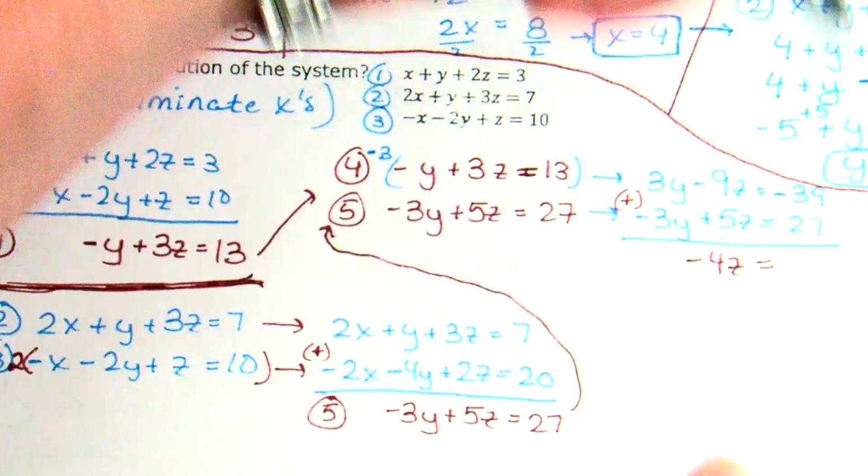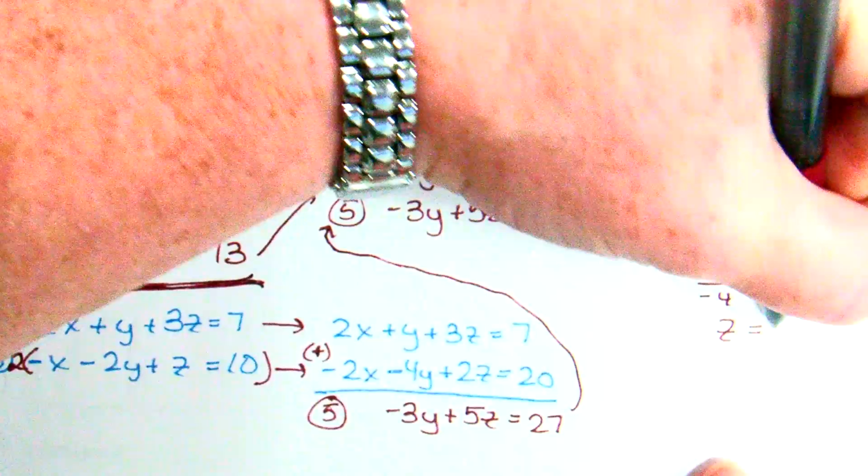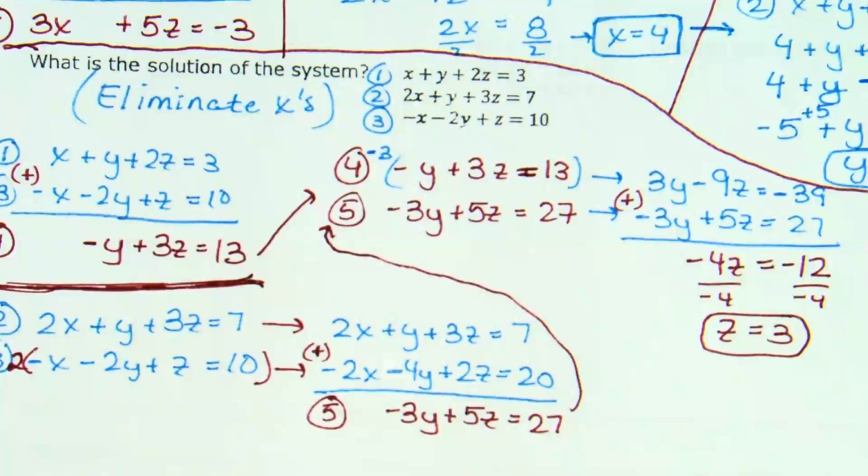If negative 4z equals negative 12, divide by negative 4 and z is 3. Okay, a third of the way there answer-wise. Thankfully, a lot more there through work. Take that z and do what with it? Plug it into something like 4 or 5. Okay, doesn't matter which. I'm going to use 4.